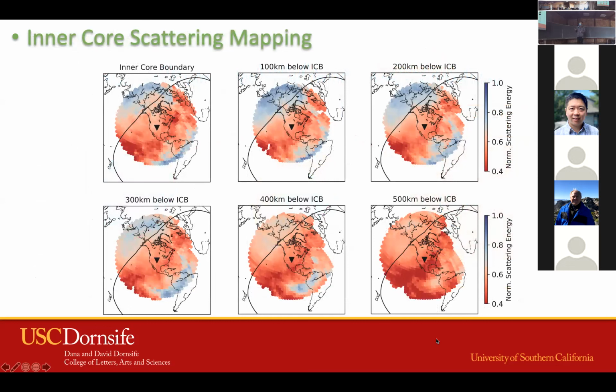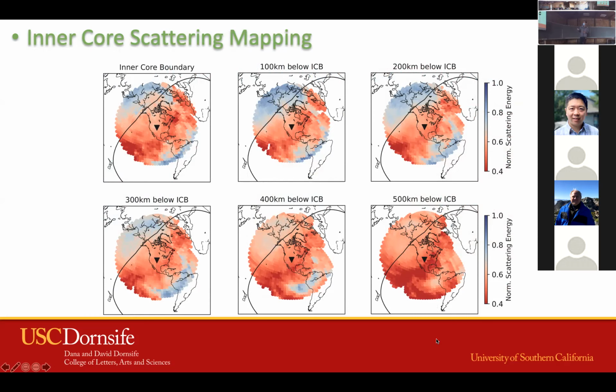So the black triangle is the location of Lhasa, and this black solid line is the separation of the east and west hemispheres.